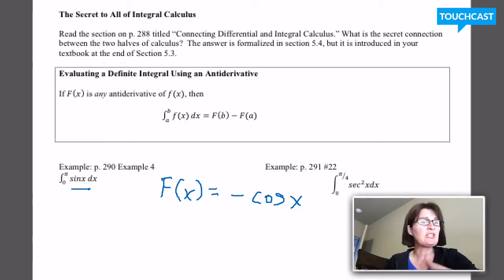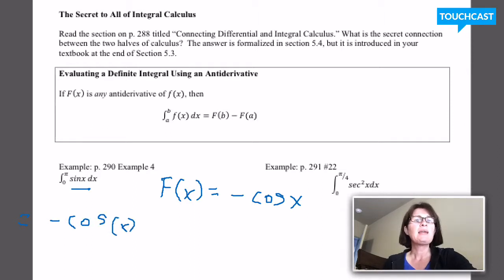So here's the notation I use. I think of that capital F of x equals negative cosine of x as something I just wrote over on the side, as my thought process as I do this problem. So that integral is equivalent to the antiderivative of sine of x, which is negative cosine of x, evaluated from 0 to pi, from a to b.